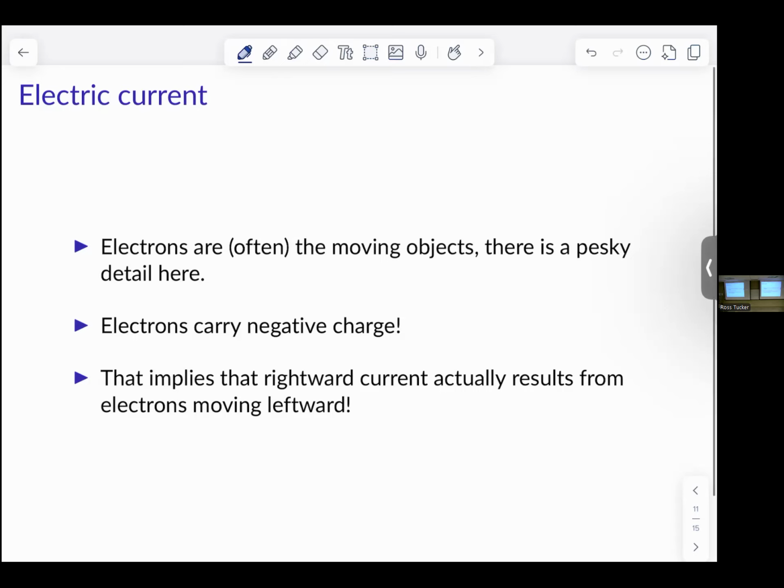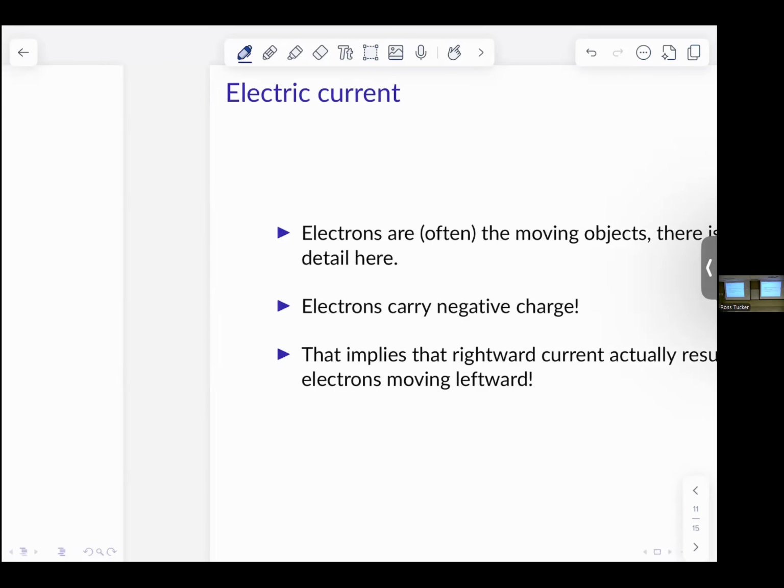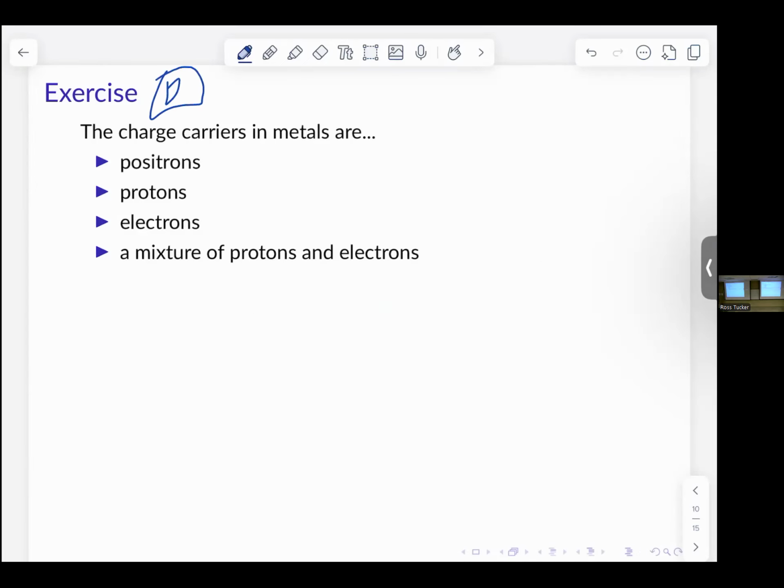Great. Quiz question delta. D is for delta. What did I just say 2 minutes ago? Charge carriers in metals. What carries current in metals?